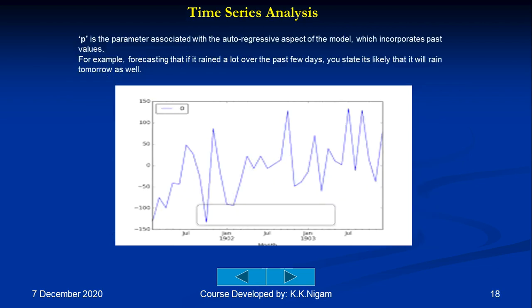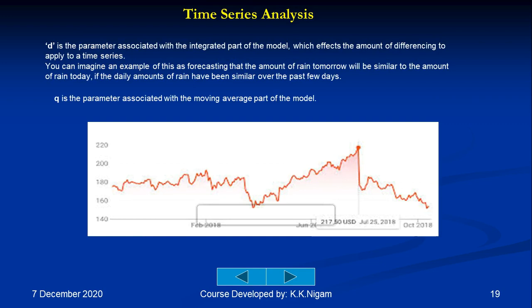p is the parameter associated with the autoregressive aspect of the model, which incorporates past values. For example, for forecasting, if it has rained a lot over the past few days, you state it's likely that it will rain tomorrow as well. d is the parameter associated with the integrated part of the model, which affects the amount of differencing to apply to a time series.